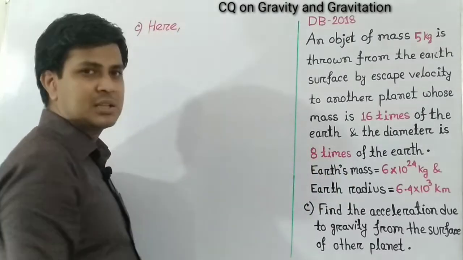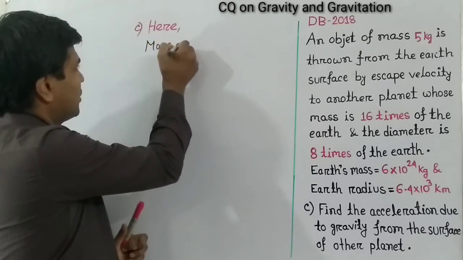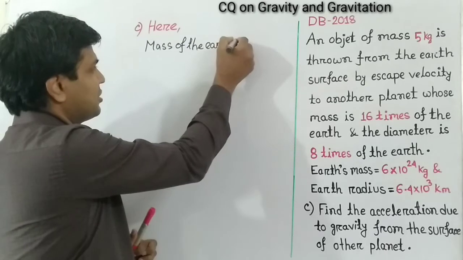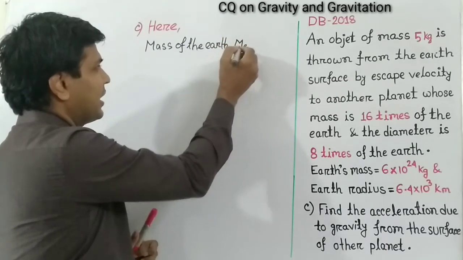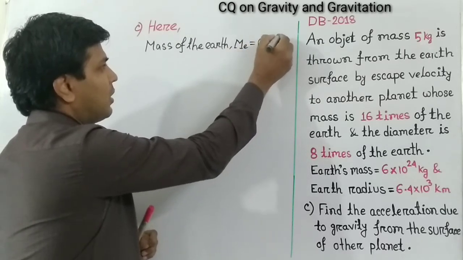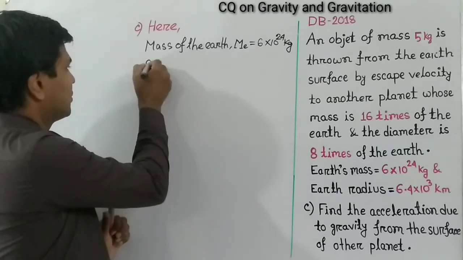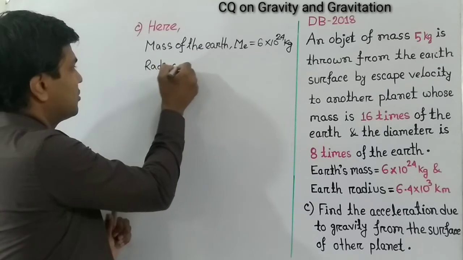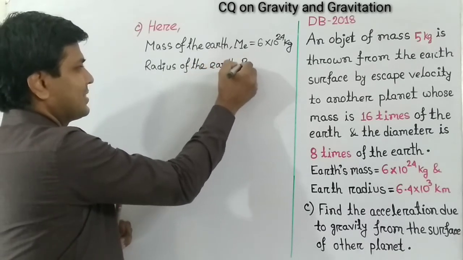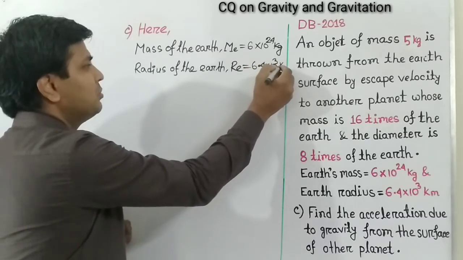Here, the mass of the Earth, which is denoted by capital M, and we consider here ME for the mass of the Earth, whose value is given here as 6 into 10 to the power 24 kg, and the radius of the Earth, which is capital R, is 6.4 into 10 to the power 3 kilometer.